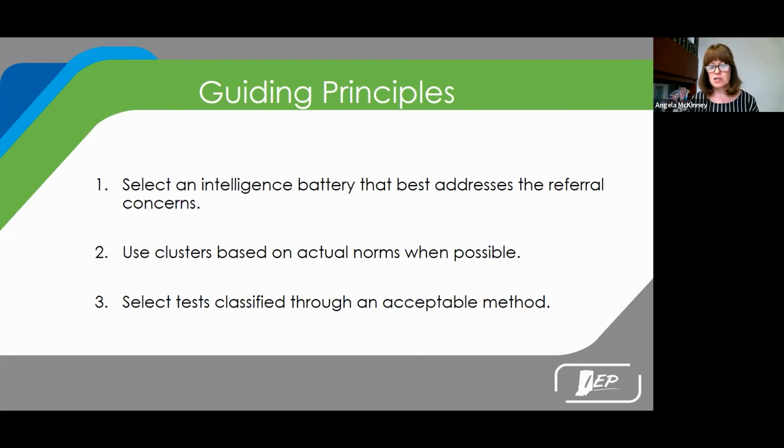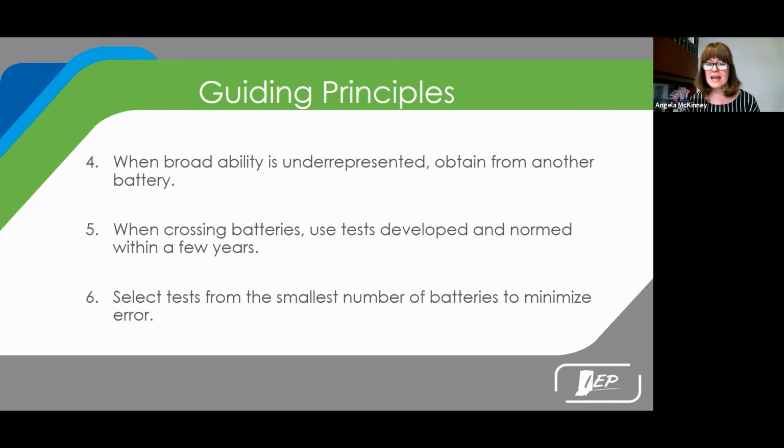So it's looking at the referral concerns, and it's also making sure that you're using tests that are good quality, valid and reliable tests. So sometimes you get those broad areas that aren't measured very well. Maybe the IQ test that you started with is only giving you one little snapshot of this, or some of our IQ tests don't measure a particular broad area at all.